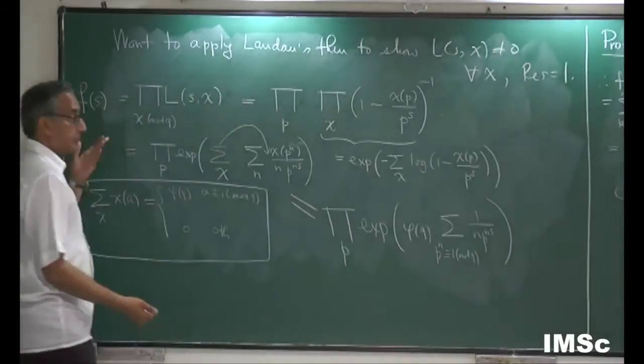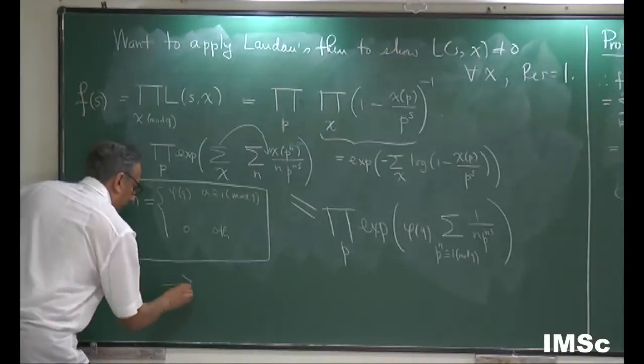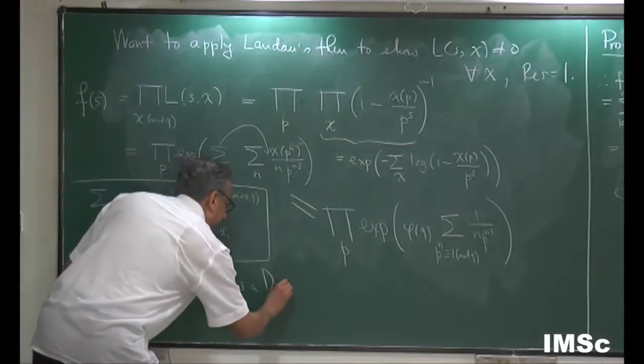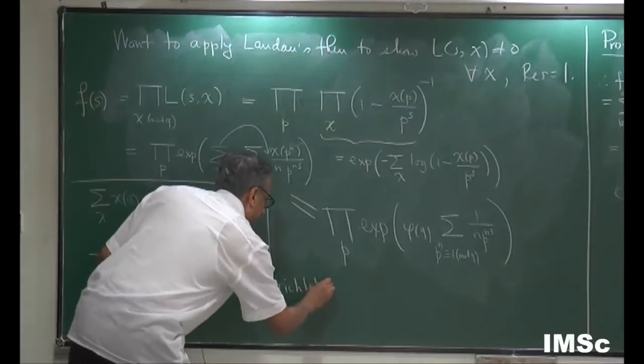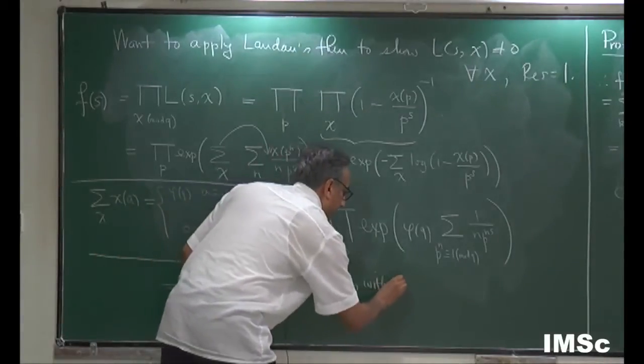Therefore, f of s has got to be a Dirichlet series with non-negative coefficients. It's just the product of the whole thing, right? This implies that f of s is a Dirichlet series with non-negative coefficients.